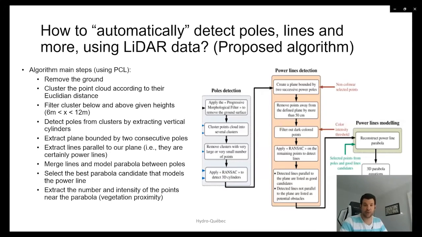This is the big picture of the algorithm that we are proposing. If you want to know all the details and if you want to reproduce our algorithm, I invite you to read our paper. You're going to find all the parameters that we have used in order to do the pole and line detection. But let me describe the big picture.